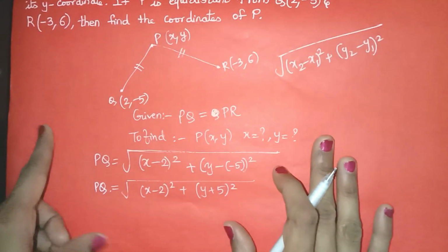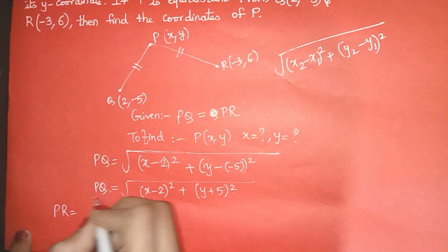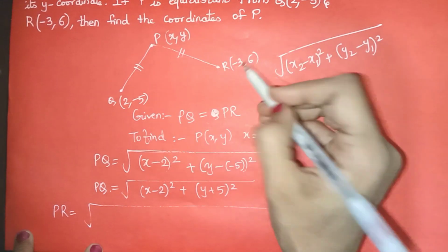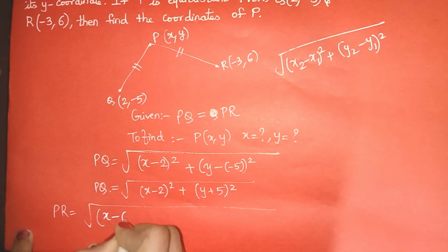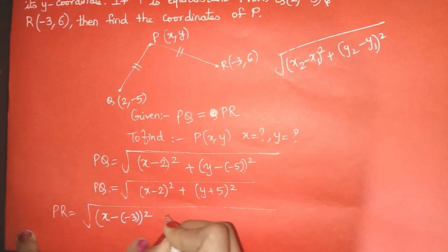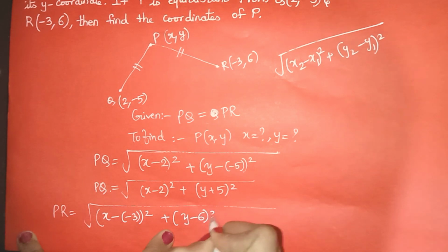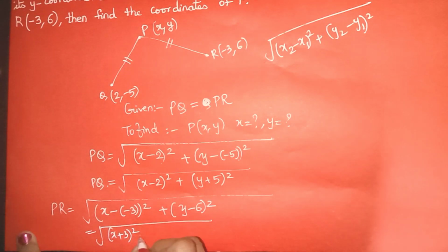Now let's go to find PR. PR also I'm going to apply the same formula. Again, this is my P, this is my R. So x2 minus x1, so x minus of minus 3. Again, take care of the double minus. And this will be y minus 6 the whole square. So this is nothing but x plus 3 the whole square plus y minus 6 the whole square.